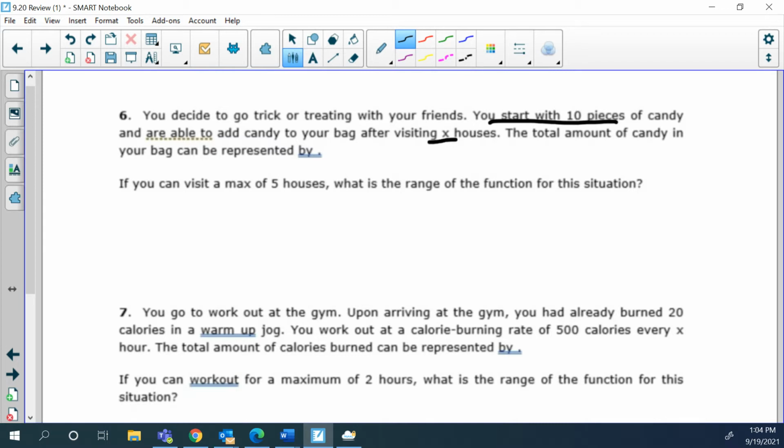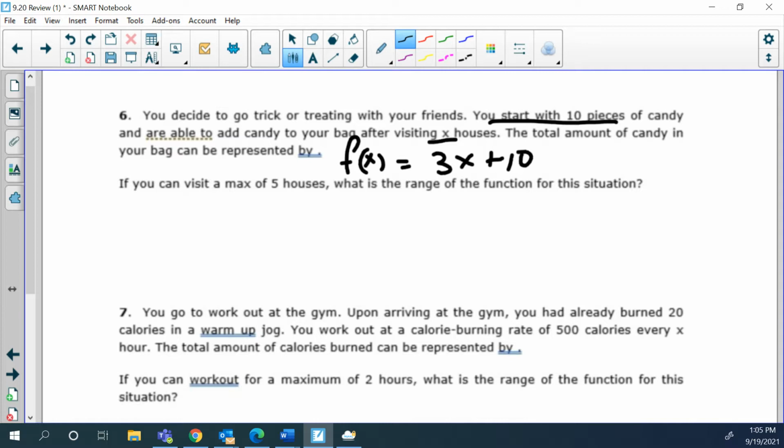Number 6, the equation is given, but for some reason, it didn't populate on the review. The equation to model this problem is f of x is equal to 3x plus 10. It's on the hard copy of the notes, but it didn't transfer over to the slide here.